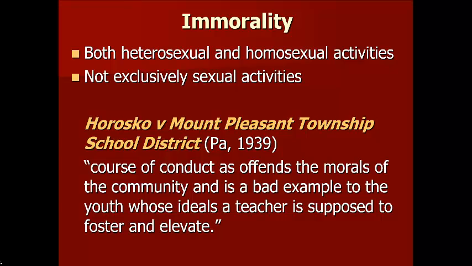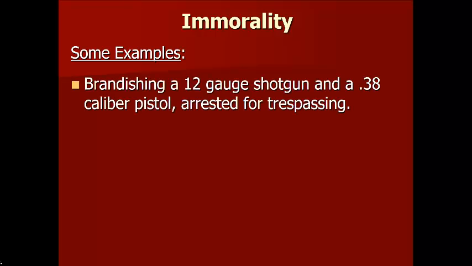So here are some extraordinary circumstances brought to us by Alexander and Alexander that talk about examples of teachers being let go for immorality. And notice that they don't all deal with sexual activities. Brandishing a 12-gauge shotgun and a 38 caliber pistol and arrested for trespassing.